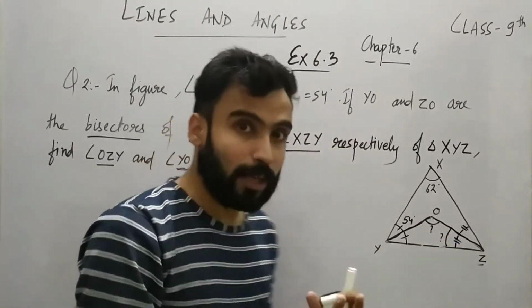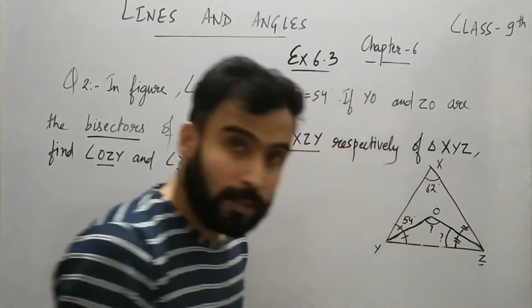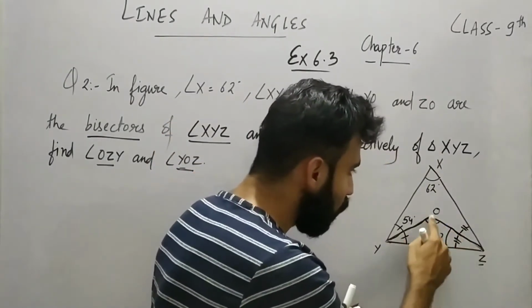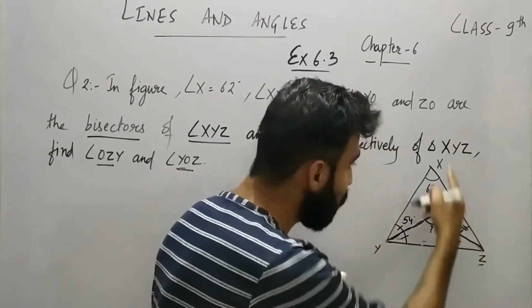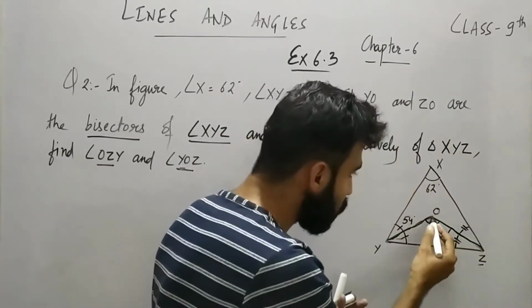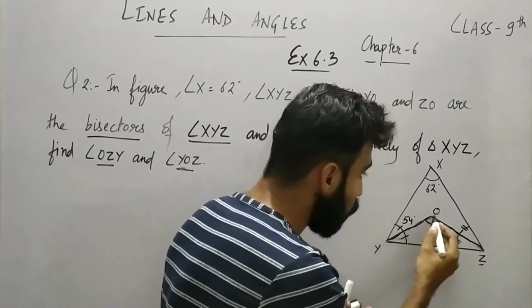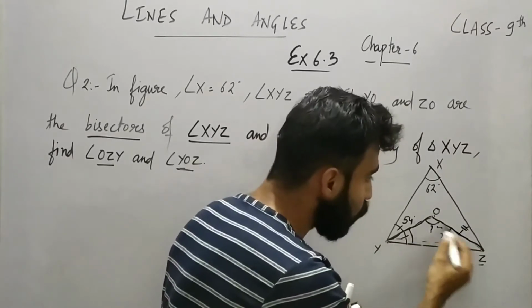Let me first tell you the method by which we are going to find both these angles. If you observe, both the angles are in a common triangle OYZ. There is a triangle forming inside the larger triangle. This triangle OYZ has three angles: YOZ, OYZ, and OZY.